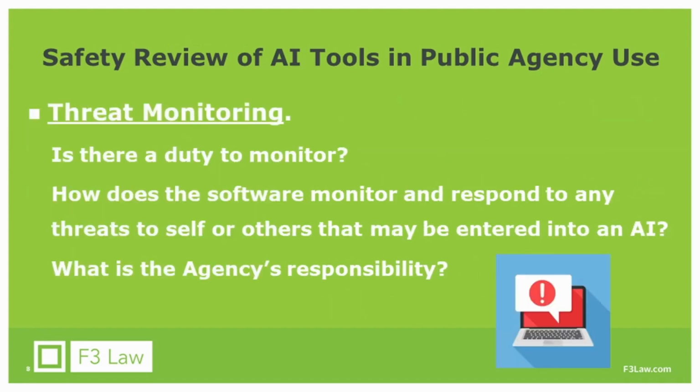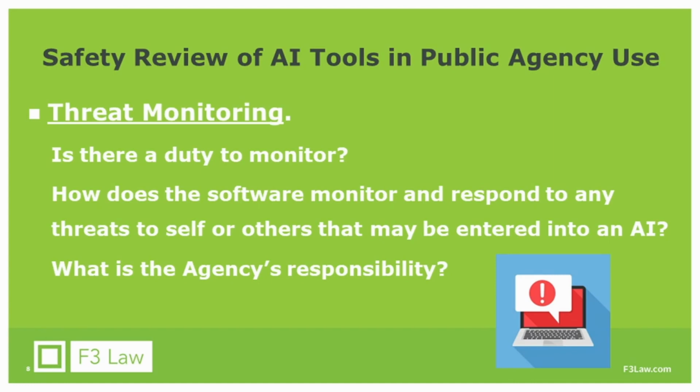The fourth tip here is threat monitoring. So we work with AI software companies that are putting a lot of AI chatbot tools directly onto cell phones of users, consumers, staff, and students. And with school districts in particular, there usually is a duty to monitor student use of technology or a duty to supervise those students if it's educationally related. So if that's the case, to what extent is either a school district or a city obligated to monitor for threats?